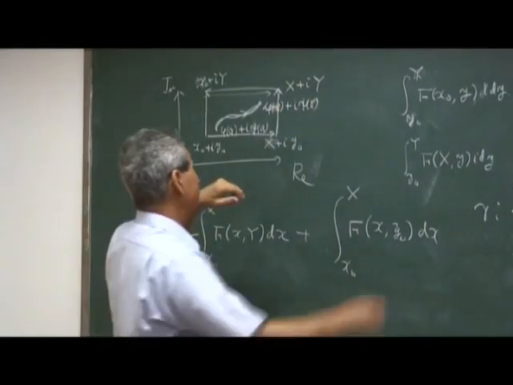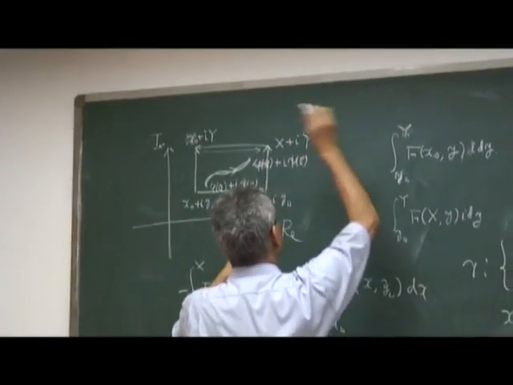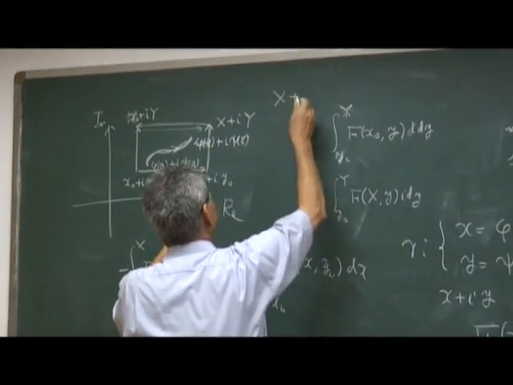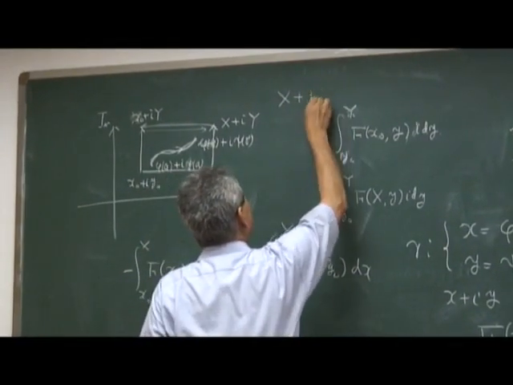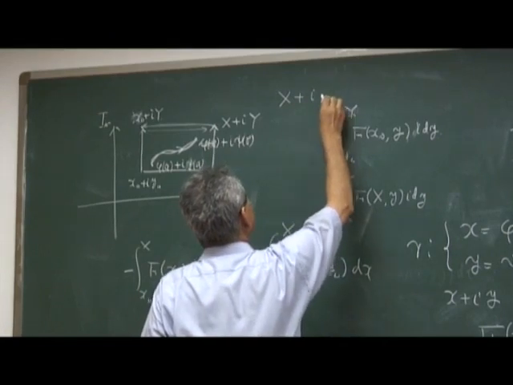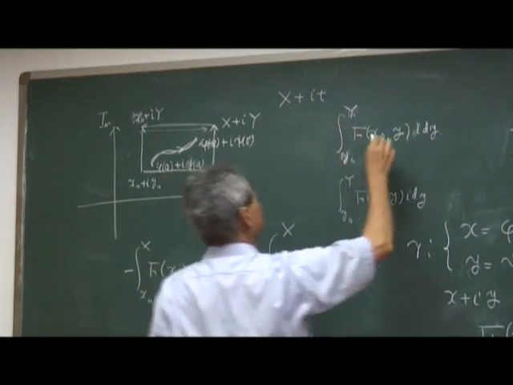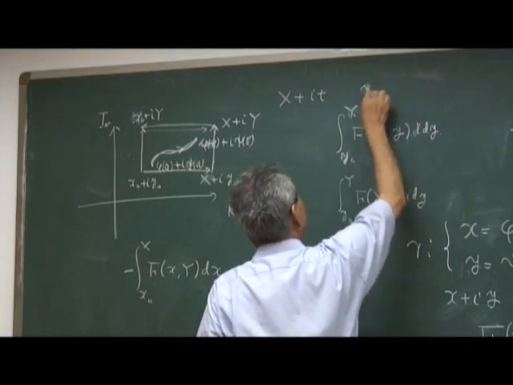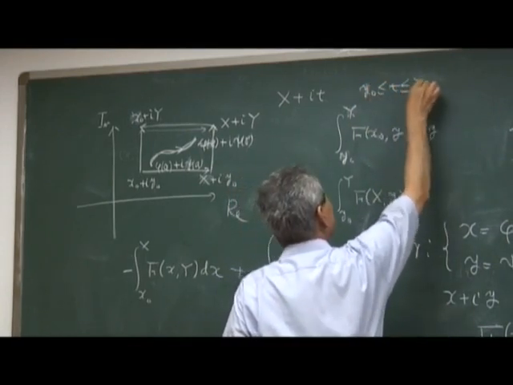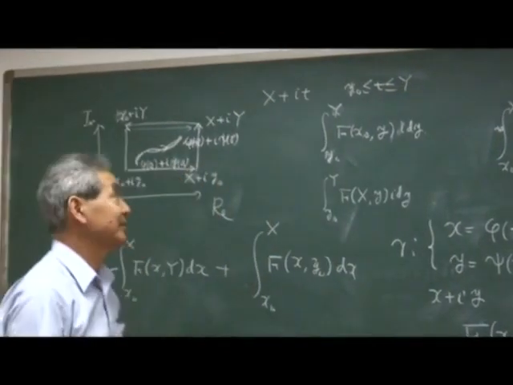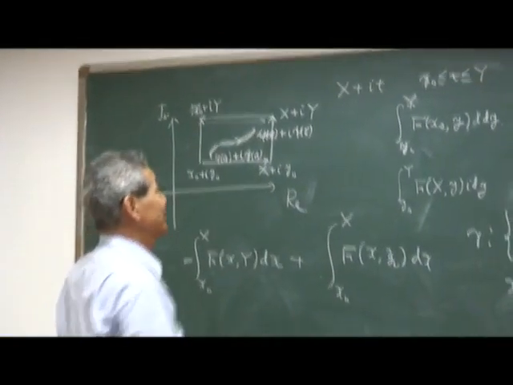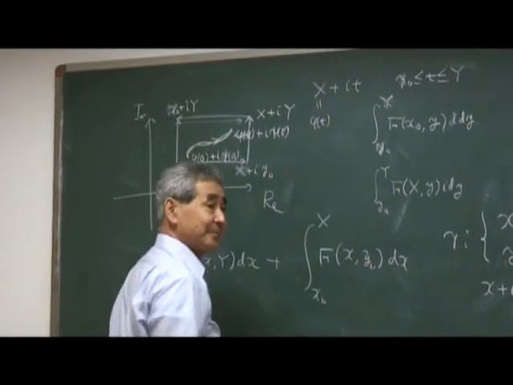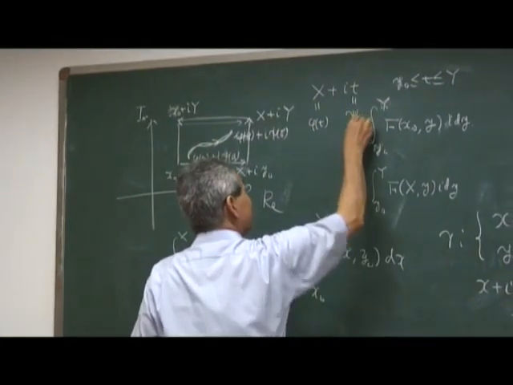The simplest way is, what is the simplest way? x plus i t, and t moves from y0 to y. So therefore your phi t is a constant function, and psi t is just a linear function.